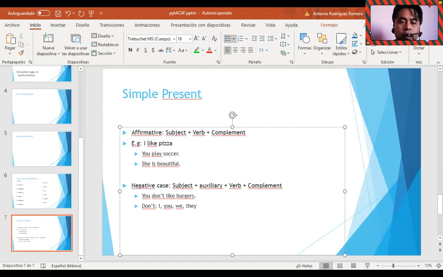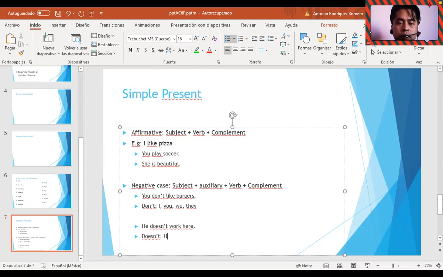Okay, and we have other auxiliary, other form of the auxiliary that it's called doesn't. Let's try an example. He doesn't work here. In this case, as I told you, I have doesn't. Okay, and doesn't is for the rest of the persons in the pronoun.